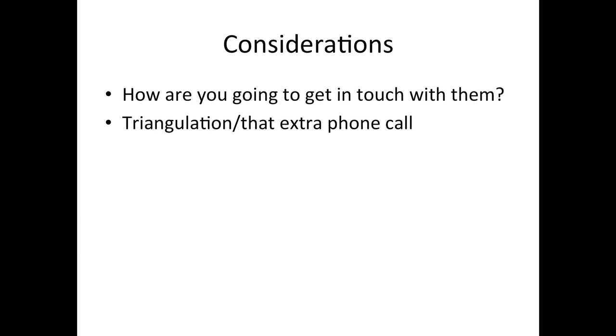Again, if the reporters who wrote about Manti Te'o had really verified the details of the alleged girlfriend's actual life, if she'd gone to Stanford, if they found arrest reports, then they would have moved forward. If they didn't find those things and raised a red flag, then none of this would have happened. So always be thinking about that extra phone call to triangulate the information that you've received, as you can find an outside source that's going to confirm what you've heard.